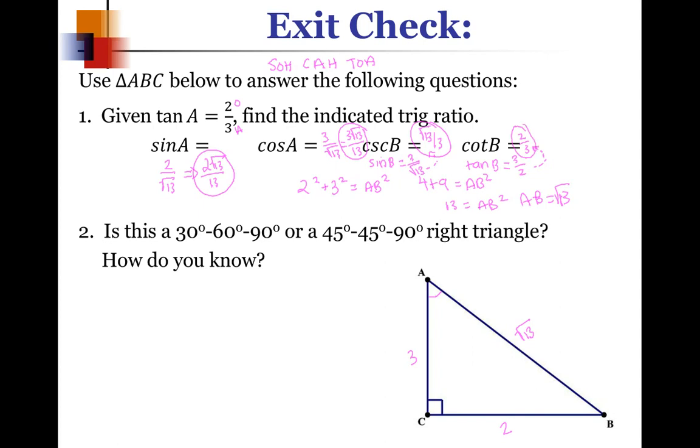So based off of what we did with special right triangles, is this a 30, 60, 90 right triangle, or is this a 45, 45, 90 right triangle? Right, and I really want you to think about the stuff with sine, cosine, and tangent. Like we just talked about on that last page that the sine of 30 degrees was 1/2.